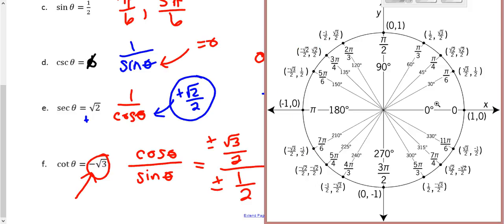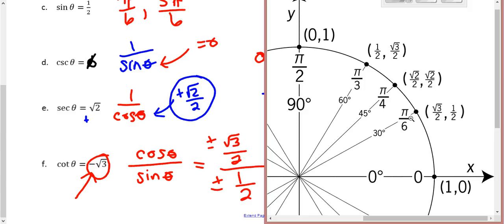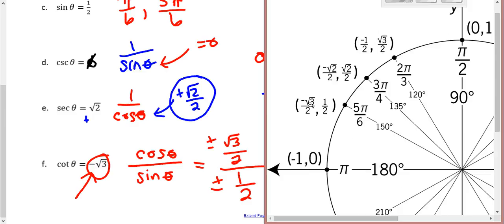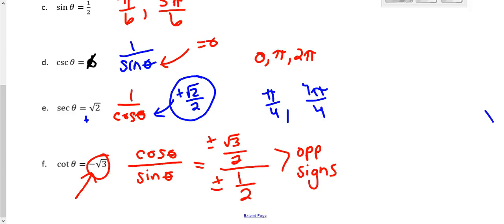So when I go to my unit circle, cosine is square root of 3 over 2. So here, pi over 6. When I combine two positives, I'll get a positive, not it. Cosine being square root of 3 over 2. Here's another one. Negative square root of 3 over 2 and positive 1/2 will give me the negative that I need. So 5 pi over 6 is an answer.